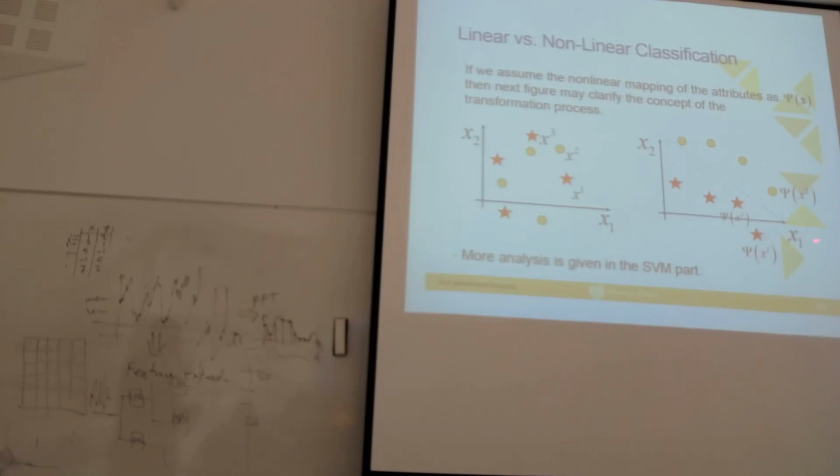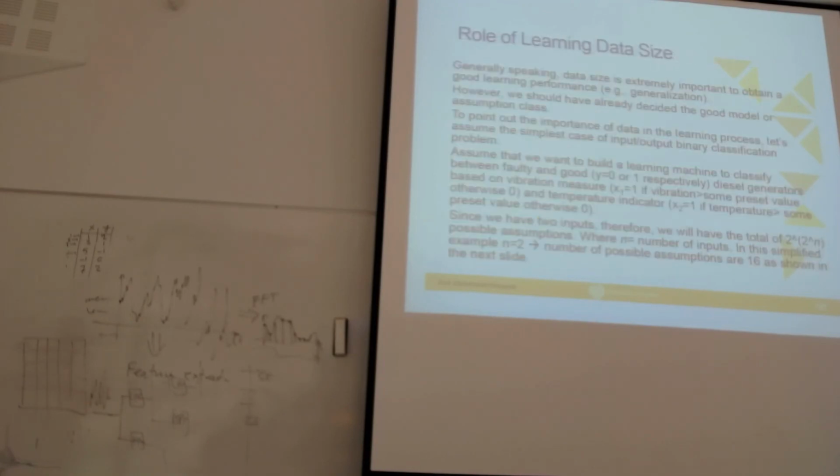And in this new dimension, we go to a new space. In this new space, the data is linearly separable. So now we can use linear classification to separate between the data. As I said, this topic will be covered in detail in a different lecture.